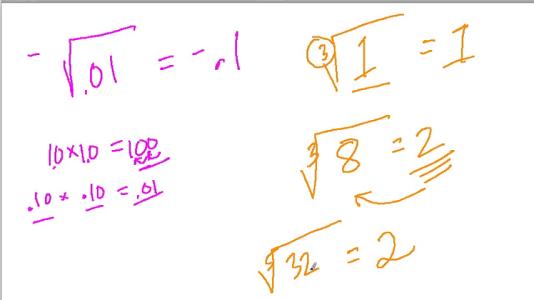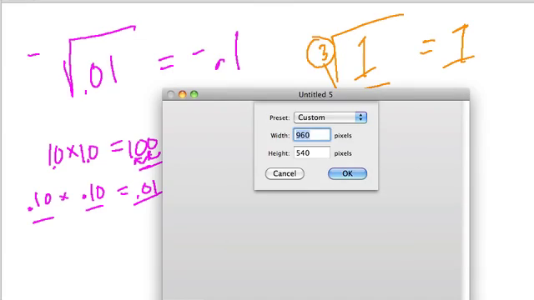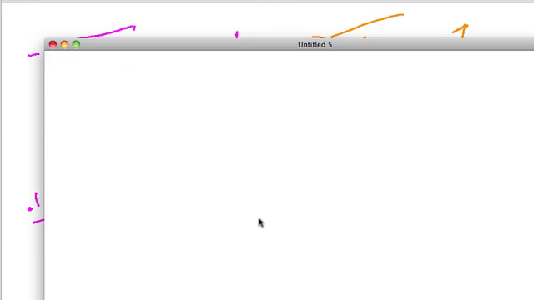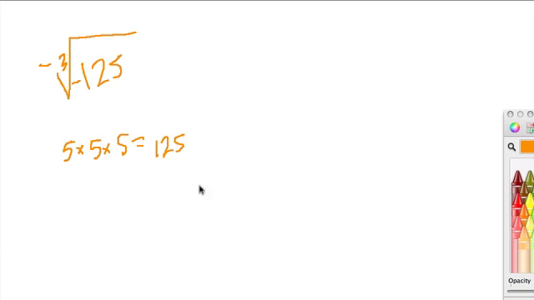And what if we had, as our last example, the negative cubed root of negative 125? Well, you might recognize right away that 5 times 5 times 5 gives me 125. So if the question was, what's the cubed root of 125, you would get 5.